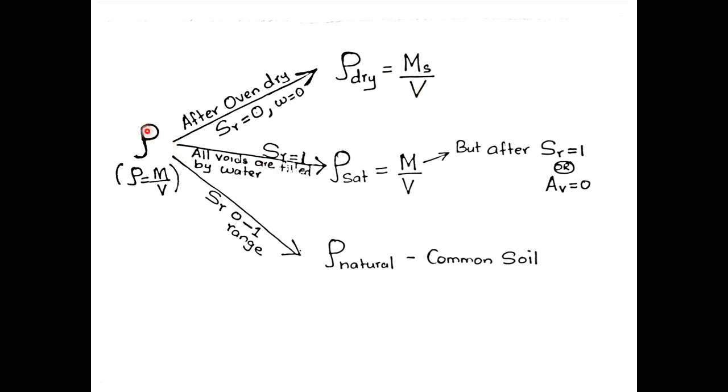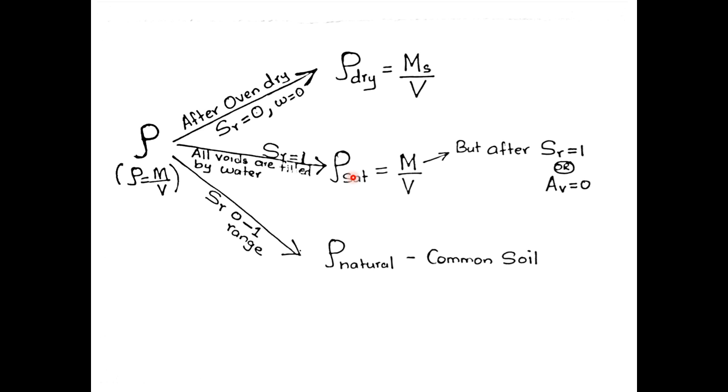For this bulk density, after all voids are filled by water, that is SR is equal to 1. Check the definition of SR. Then this bulk density is called saturated density.